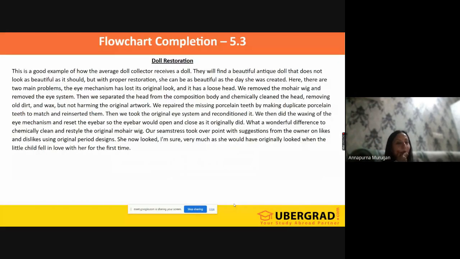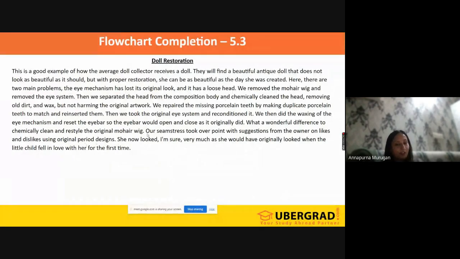Let us see now. What is that? A seamstress took over, with suggestions from the owners on likes and dislikes, using original period designs. She now looked, I'm sure, very much as beautifully original as when this was made. So, what should be the answer? Yeah, design. So, authentic designs.